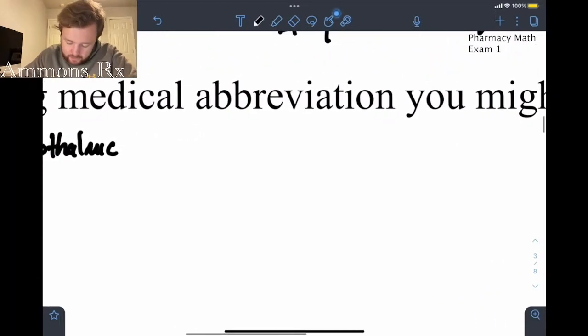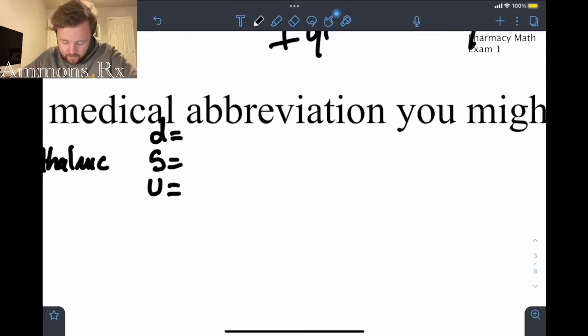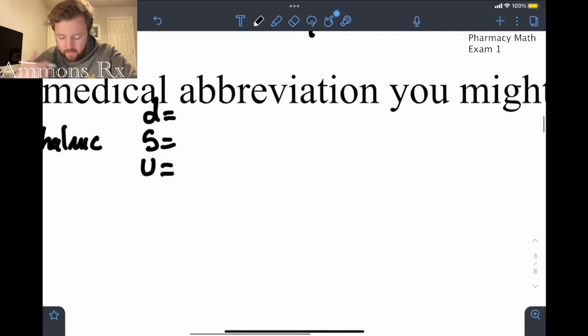So my other question is, we have AD, we have AS, and then we have AU. What I always think about is the Bible verse about the hands. In biblical terms, the right hand is the good one, the left hand is the bad one.